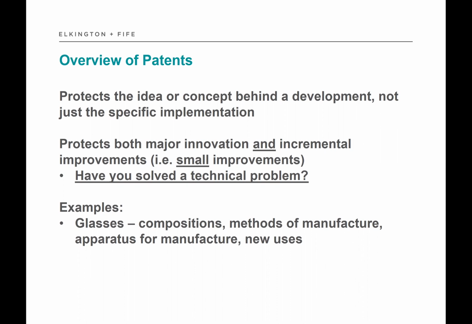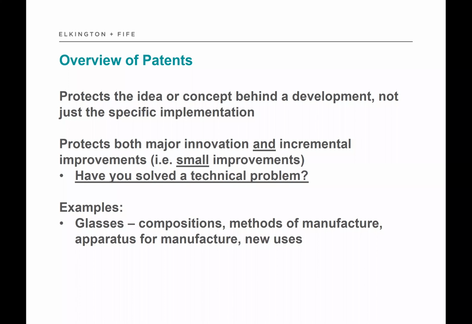Now, the original patents for those inventions are quite old and have long expired, but over the years they've managed to make incremental improvements to this process, improving the quality of the glass, the reduction in impurities, making it greener, and they've patented each of those inventions as time marches on.